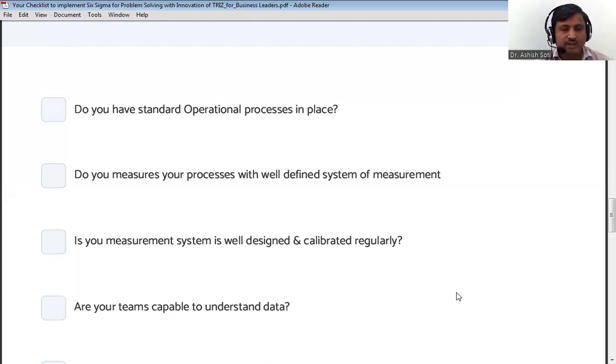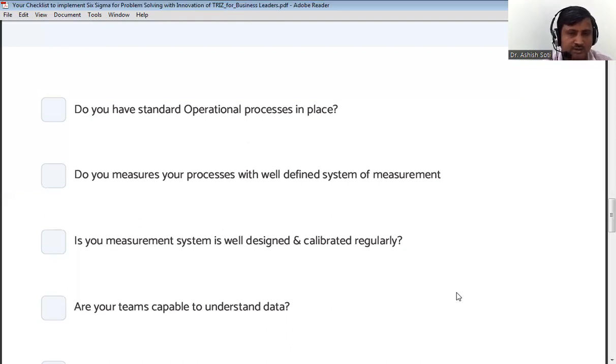Calibrated means you have to check your measuring instrument against the standard equipment which is available, and see that your measuring instrument is good. If it is a well-known system, you know how to do the calibration.